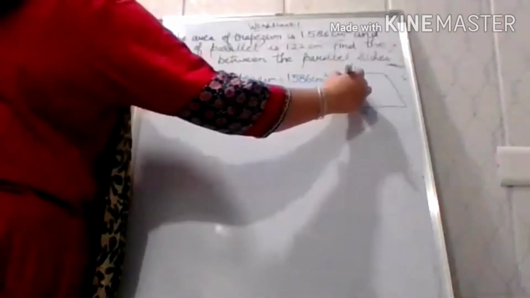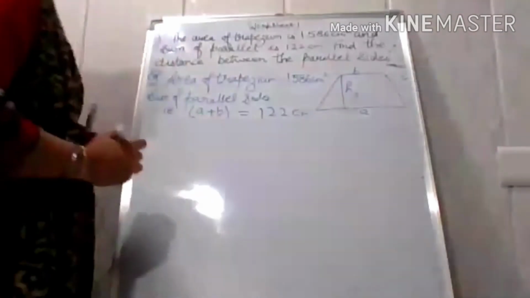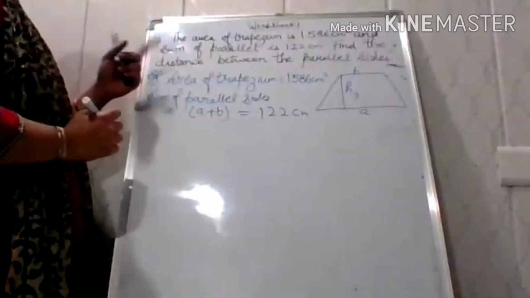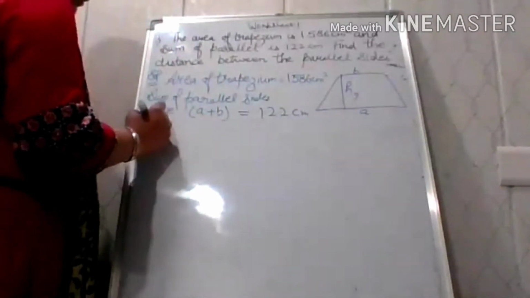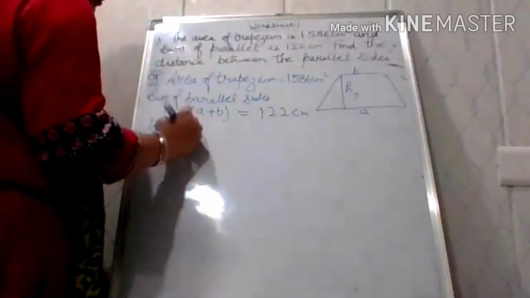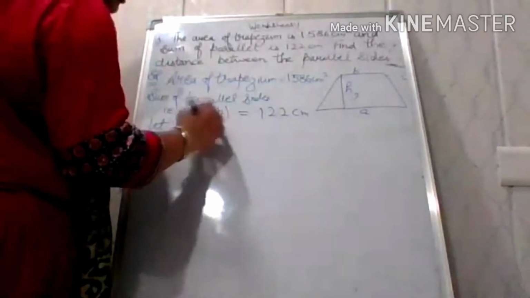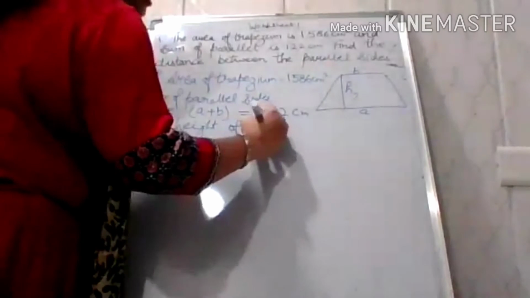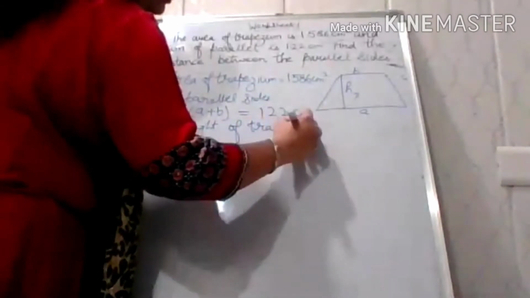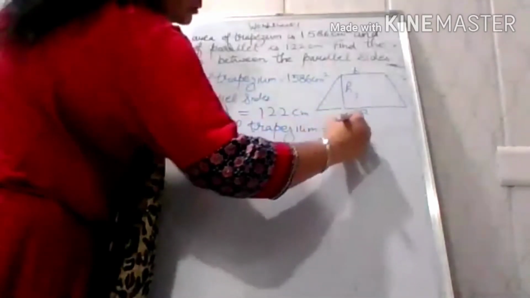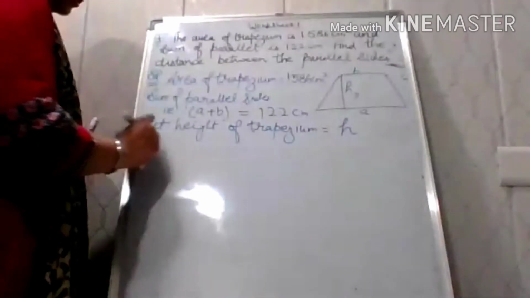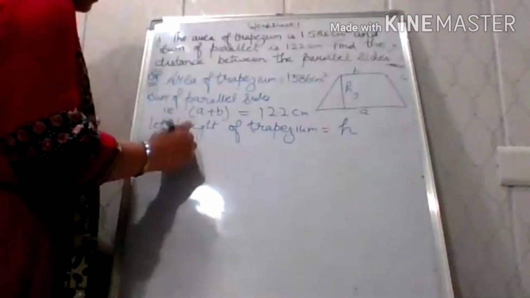And what you have to find? The height. Find the distance between the parallel sides. Let the height of the trapezium be H.